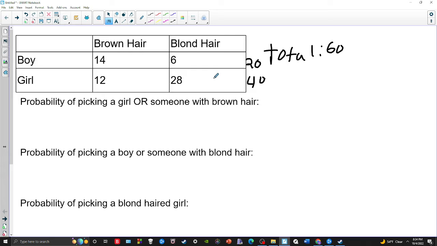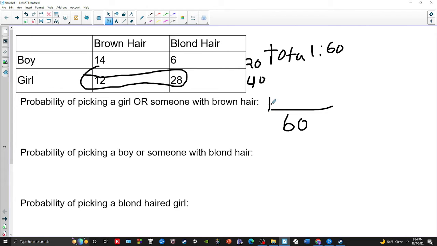Okay. So if I pick one of those people, what's the chance I pick a girl or someone who has brown hair? Well, I have 60 people total. Girl is these two numbers, 12 and 28. So I'm going to circle those two because those fall in the girl category. So 12 plus 28, plus brown hair.